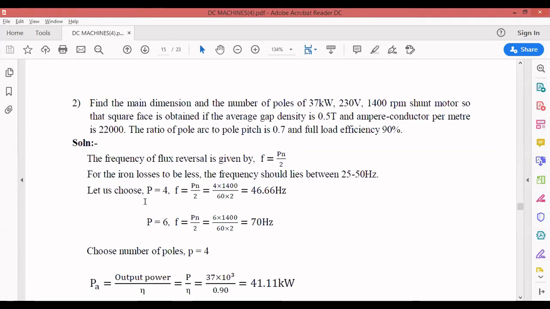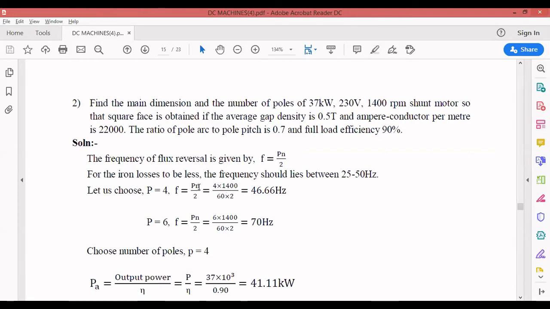Let us choose P is equal to 4. Then calculate F is equal to Pn divided by 2. What is N here? They have given 1400 RPM, which I have converted into seconds here.